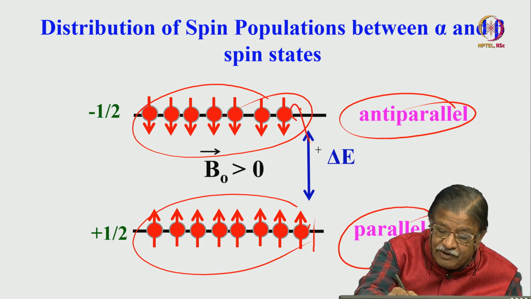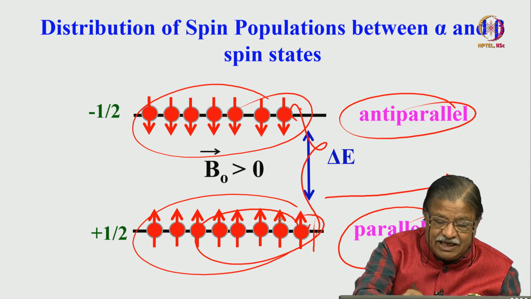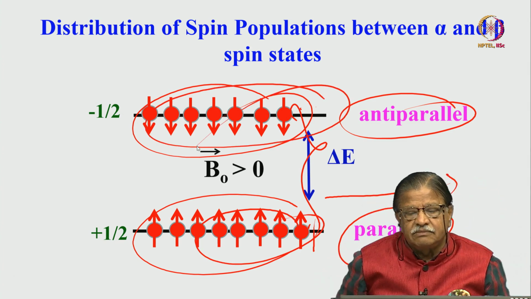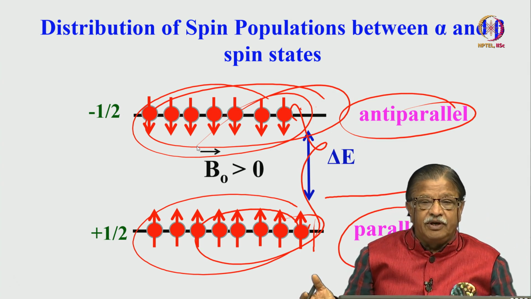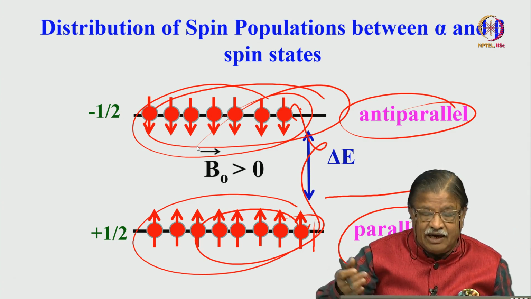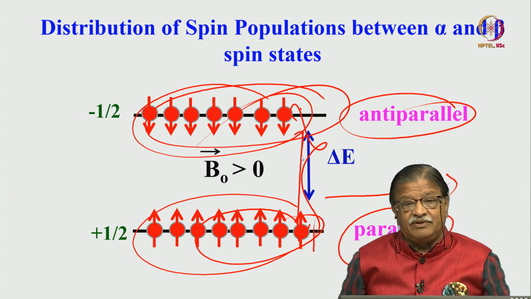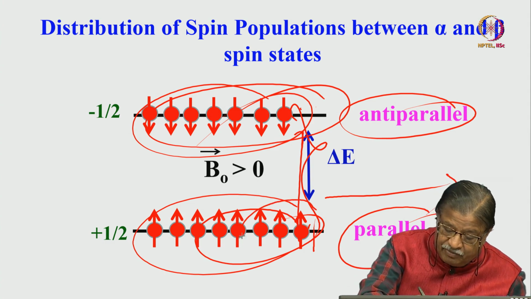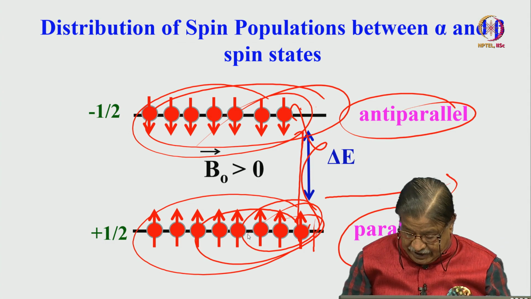If I take the difference between the nuclear spin populations, and the number of spins in the two states are exactly equal, then the difference in spin population is 0. You will not see NMR. There must be a population difference to see the signal. Fortunately, the Boltzmann population helps us to have more spins in the lower energy state than in the higher energy state.